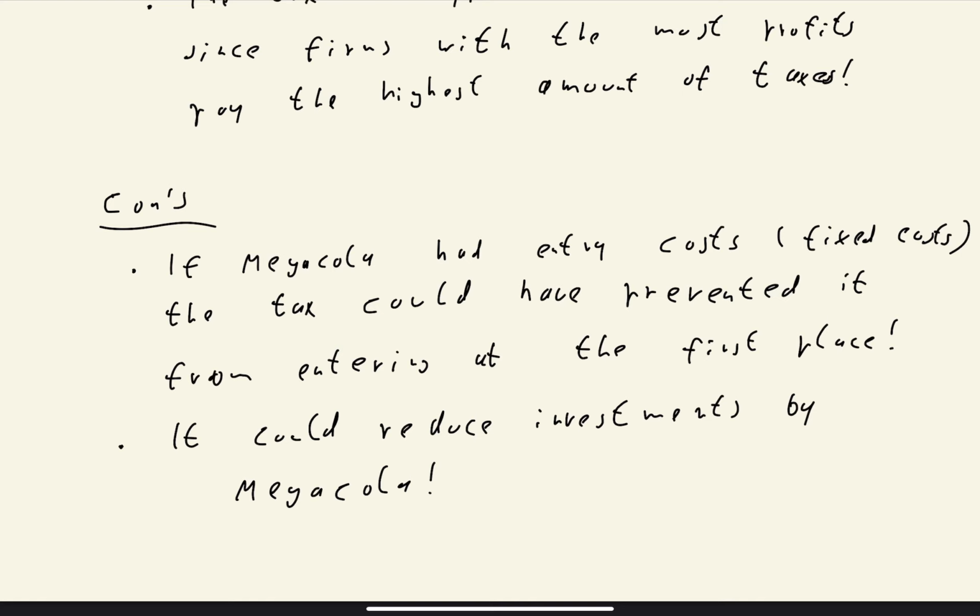Therefore, all of those investments are financed by profits, and if you apply the tax rate on the profits, there could be a reduction of investments by Mega Cola. So there wouldn't be any investments to become more efficient, or there wouldn't be any investments to be more innovative, which both would be welfare enhancing. Yeah, so those are the cons of such a tax.